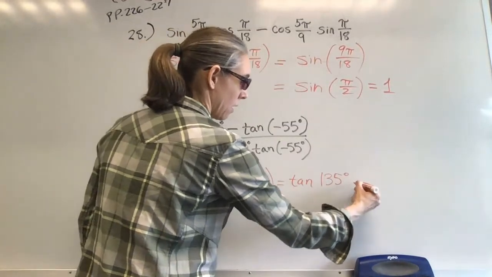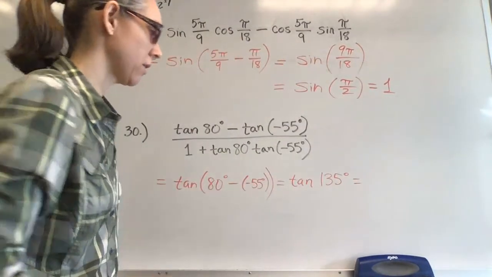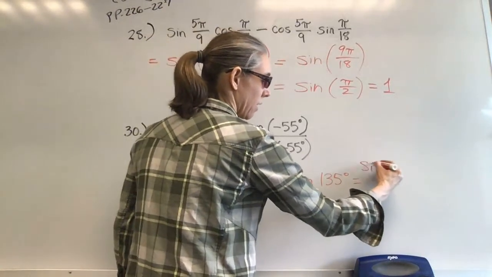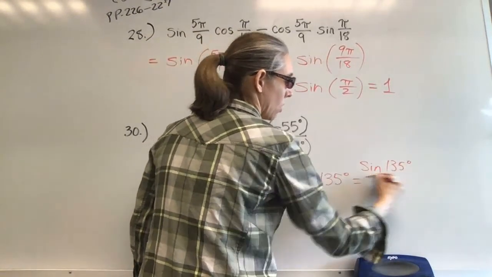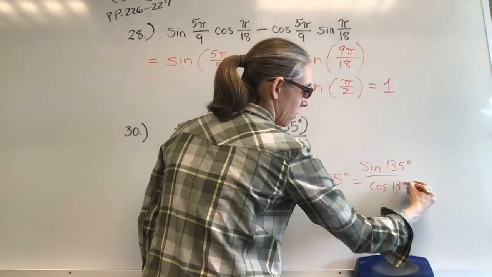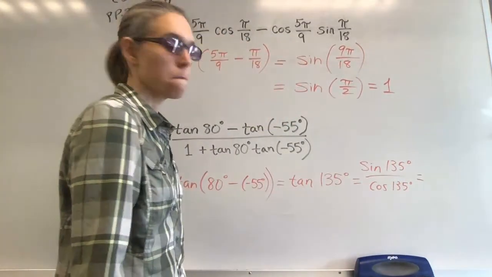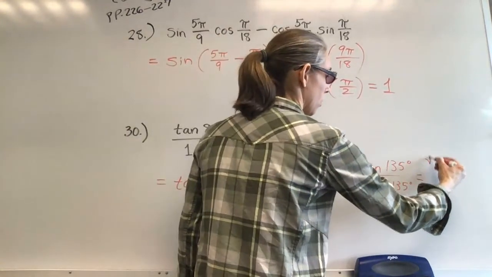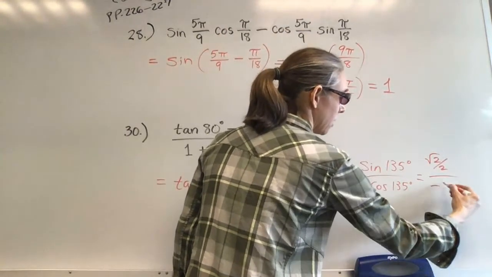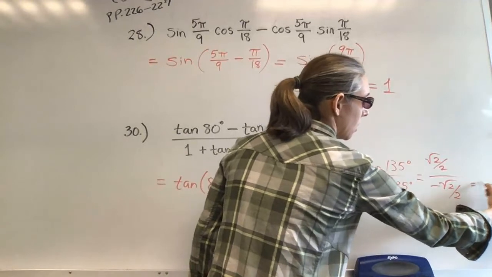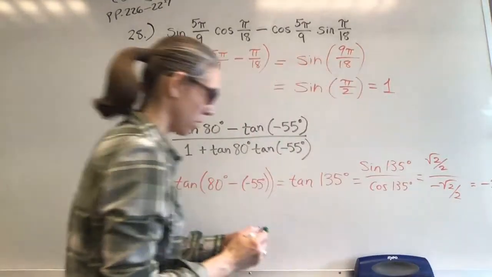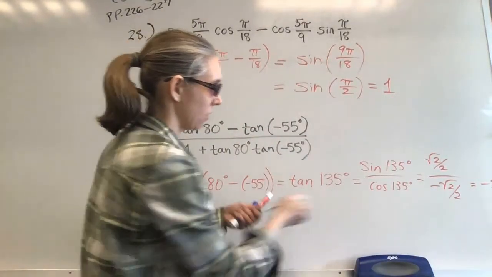135, and we're looking at the sine of 135 over the cosine of 135. The sine value at 135 is root 2 over 2. The cosine value is negative root 2 over 2. So that gives you a value of negative 1. You do not need to show all this intermediate work.